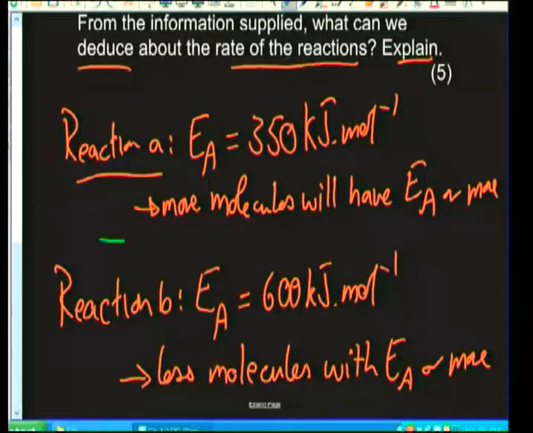So what we're recognizing here is that because the activation energy is less, the chance of a collision proceeding successfully is greater. So I'm going to conclude that if the temperature is all the same, then we can expect more successful collisions.